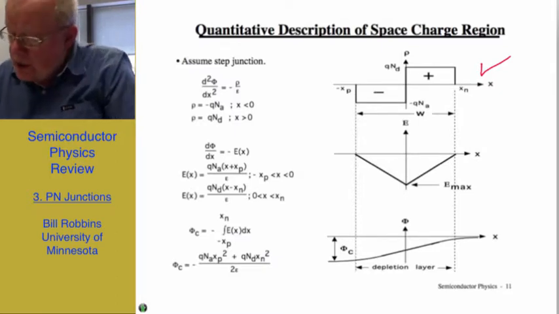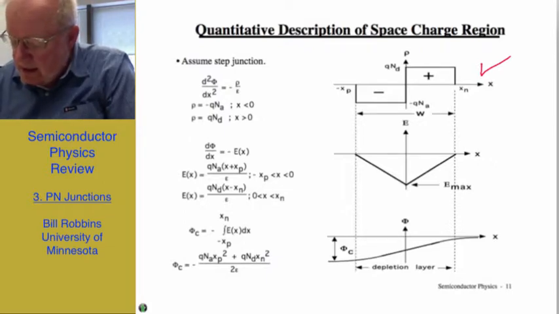That space charge region extends for a distance x sub n on the N-type side and minus x sub p on the P-type side. Within that region, I am assuming that there are no free carriers, that the space charge region is completely depleted of any free carriers.